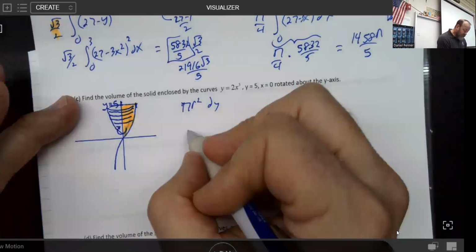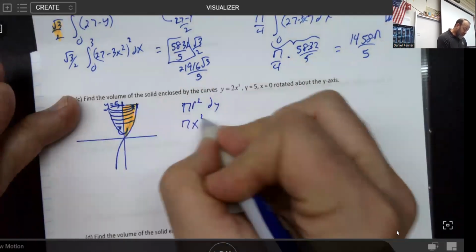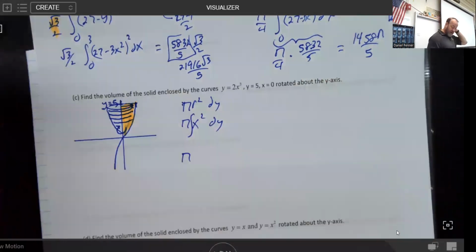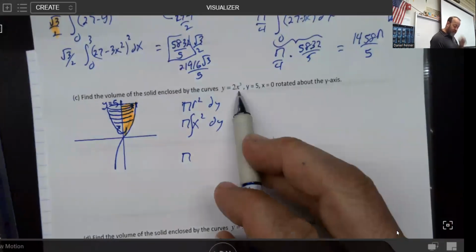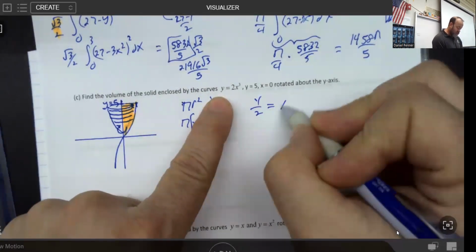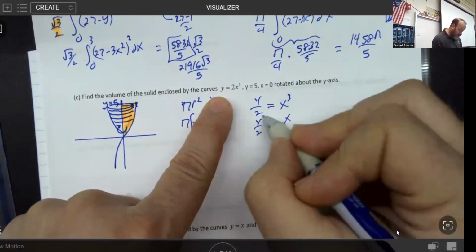So from here to here is some kind of an x value. And we have one last little thing to do, which is to say, what is x squared? So right here, that's a little bit of a bummer because what I could say is that y divided by 2 is x cubed. Or in other words, x is y over 2 with a cube root on it.